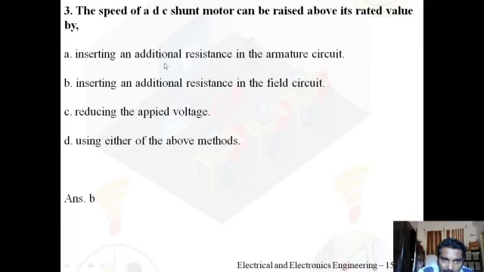If you go for option A, it is below the rated speed, that is the armature resistance control method. Here it is the flux control method, so above the rated speed means we can go for flux control. In the armature control method, it is below the rated speed.